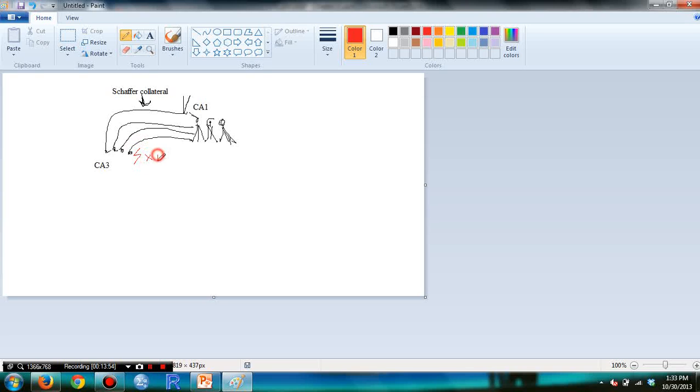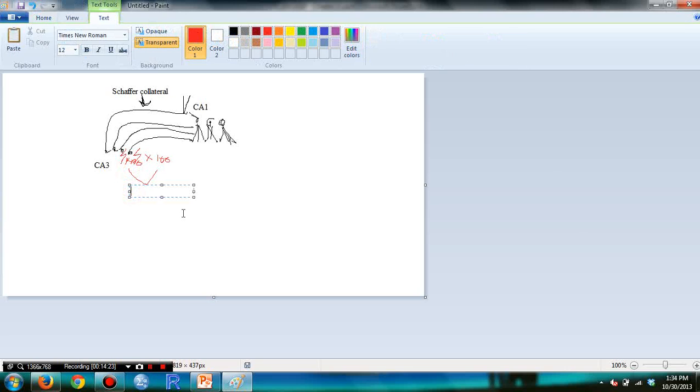We really need that big, strong stimulation. But it turns out, if I gave a medium kind of tetanus here and a medium tetanus here at the same time, so simultaneously, then together they can actually induce LTP at both of their synapses.